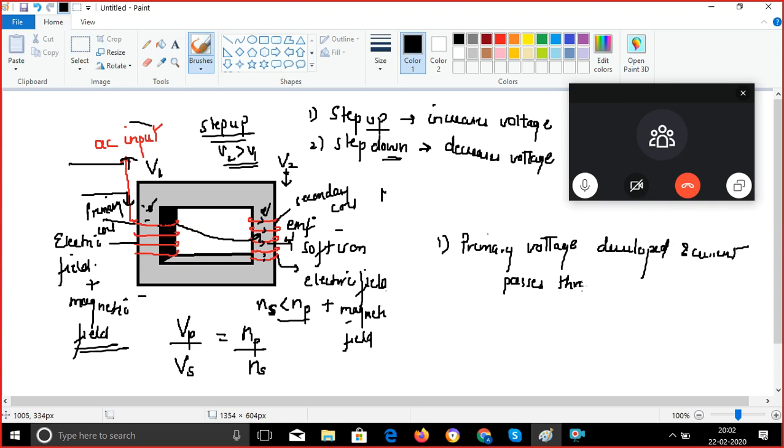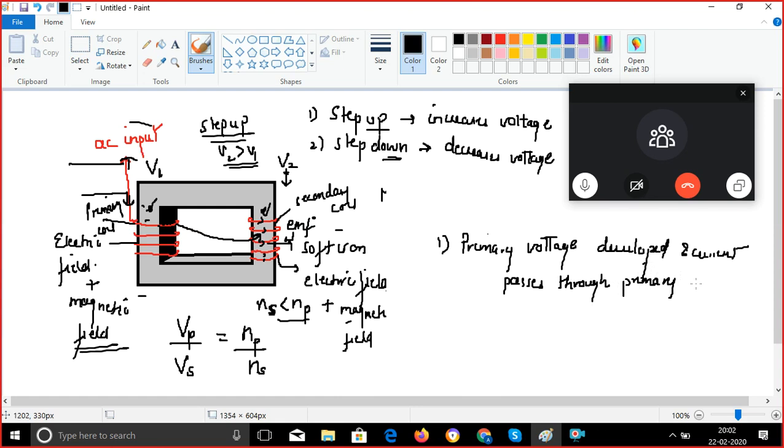So in the primary coil, the primary voltage is developed. Or you can say a primary voltage results in passing the primary current.